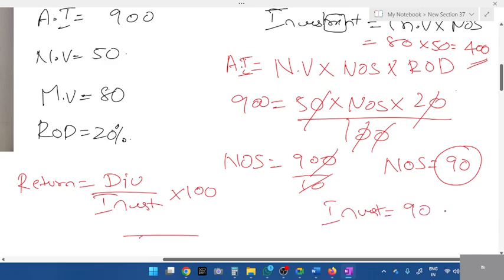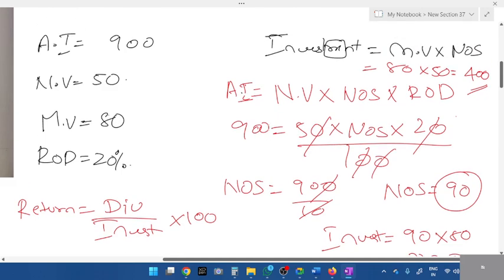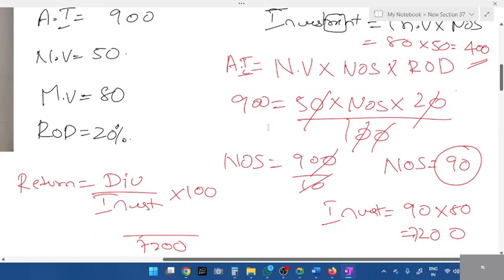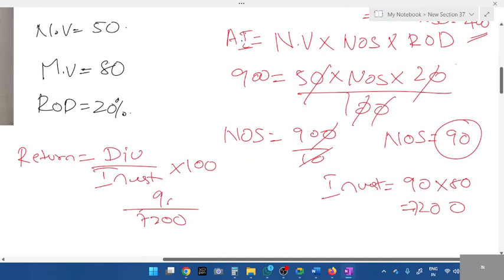Investment is 95 now. 90 into 80, okay, 8 nines are. What is dividend? How do you calculate dividend? Annual income is also known as dividend, right? Annual.